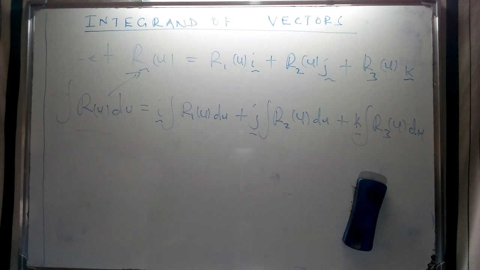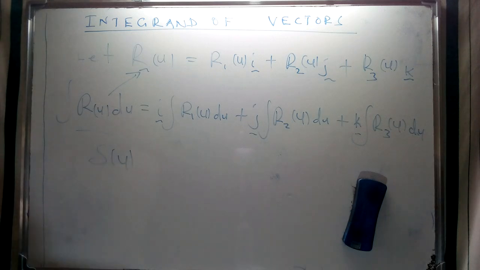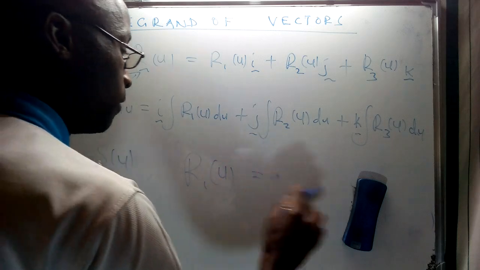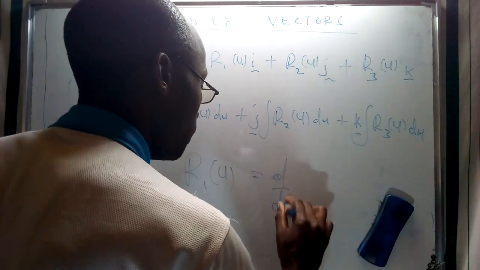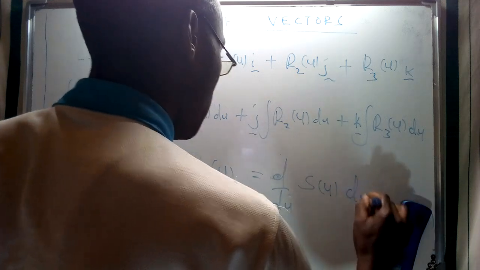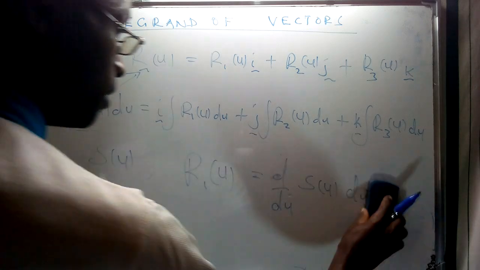And if there exists another vector that I'm going to give as S(u), of which R(u) is the derivative, then we can illustrate this relationship whereby R(u) is equivalent to d over du of S(u).